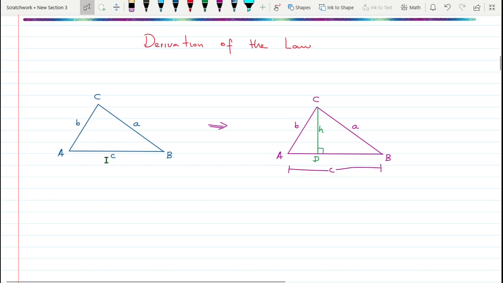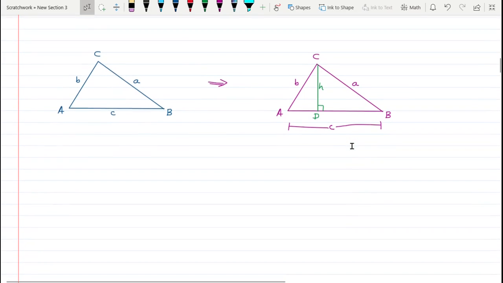But what we're going to do is draw this extra line that is going to be called the height of the triangle. So all of a sudden we create two new triangles, one here and one here, and notice how these are right triangles. So we can begin to create some relationships.